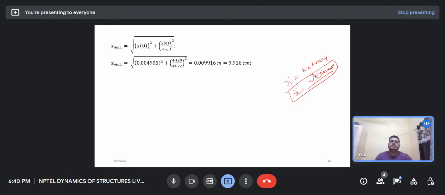These are relations of the maximum deformation. If you have read your engineering mechanics, or even in your 11th or 12th standard, these relationships are given there. In the next class I will tell you how they come. Okay.